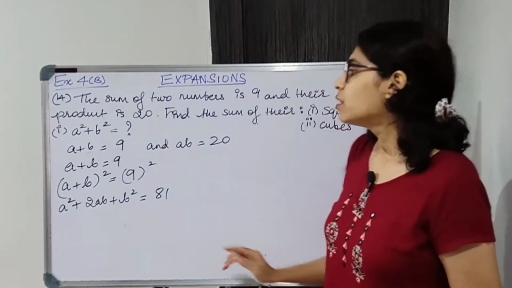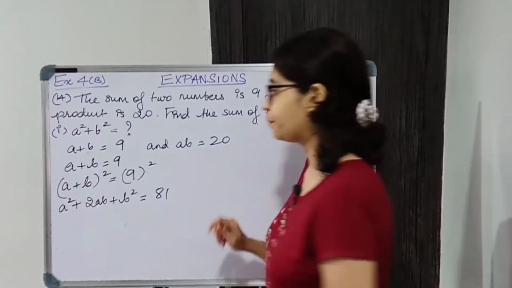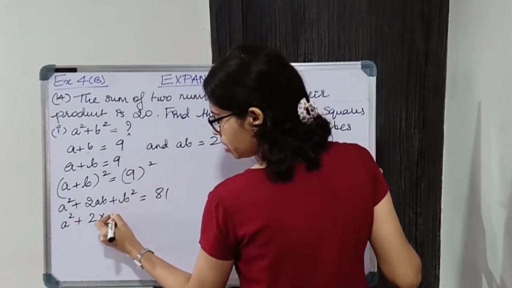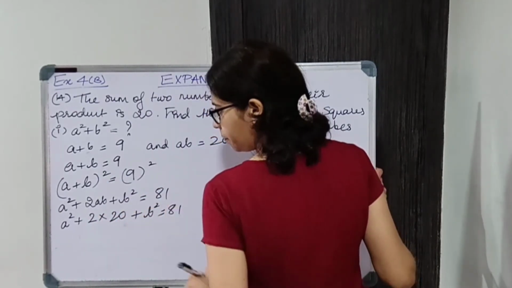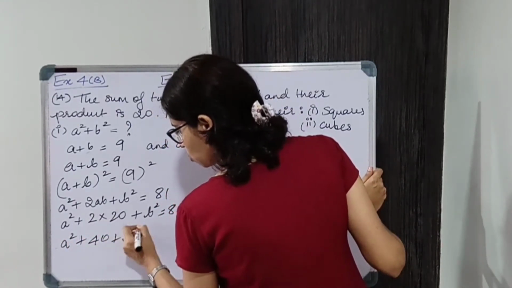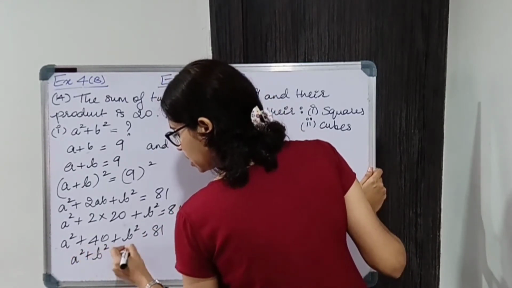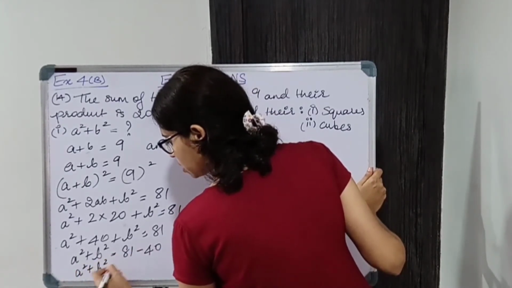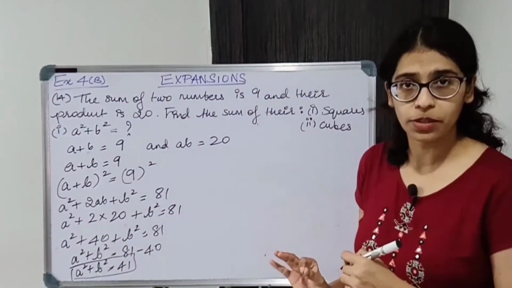Now we know ab is 20, so we'll substitute the value. a square plus 2 into 20 plus b square is equal to 81. 2 into 20 will become 40. So a square plus b square is equal to 81 minus 40, so a square plus b square is equal to 41. Box this, we got the value of a square plus b square.